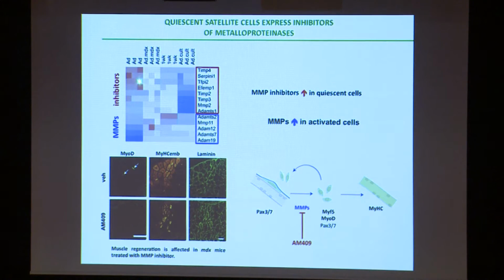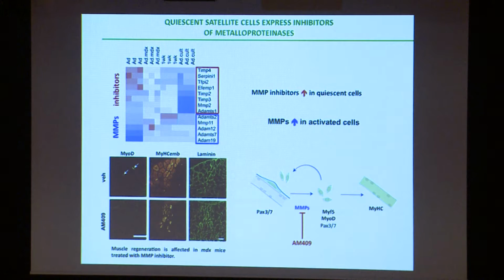So the red means higher than blue, blue means low, red means high. So the redder, the higher the expression. And the situation upon activation was the reverse, with expression of inhibitors of metalloproteases going down, and metalloproteases going up.